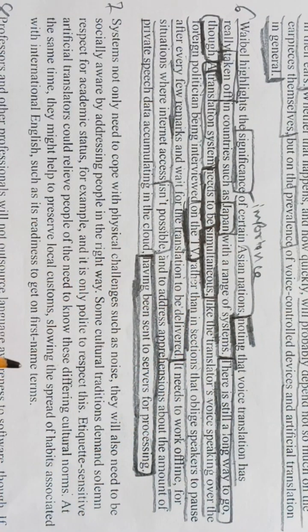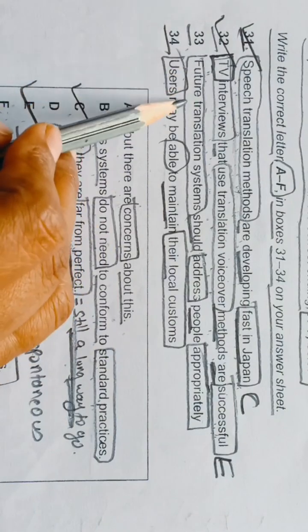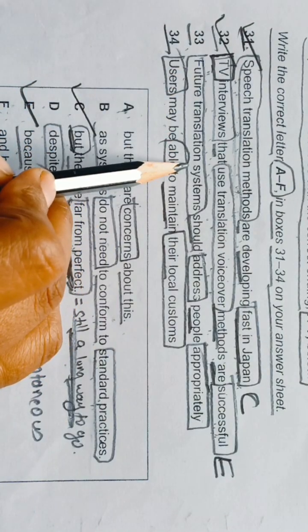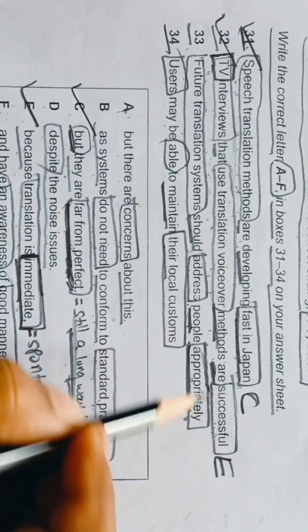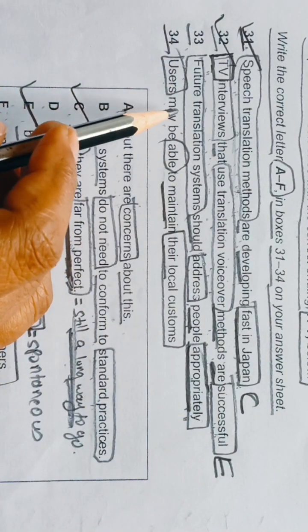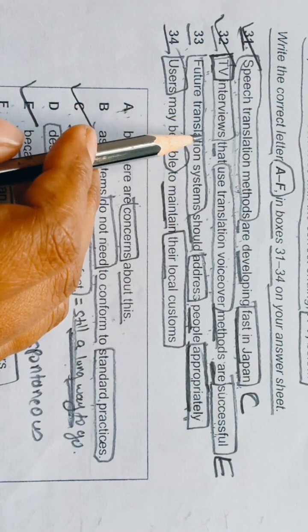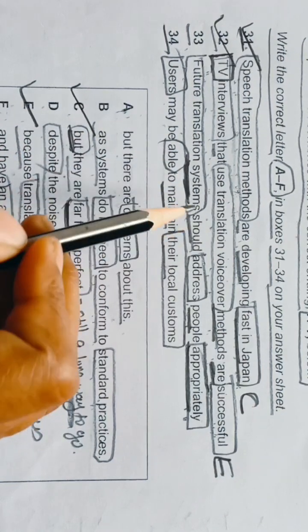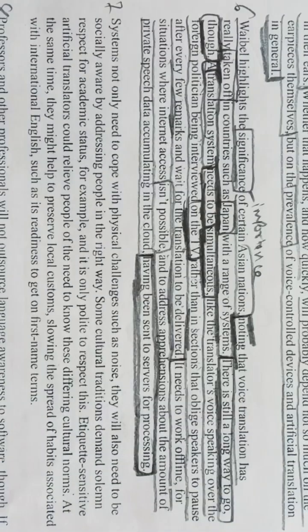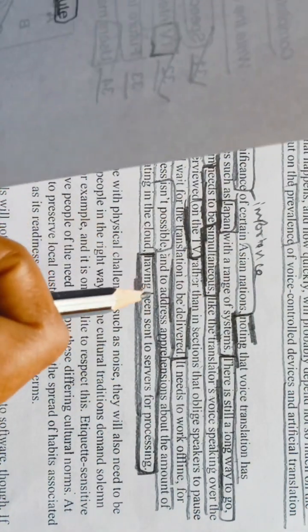Okay, so let's move forward towards our next question. Future translation system should address people appropriately. So we have not seen anything regarding future translation systems. Now let's quickly move towards another paragraph.